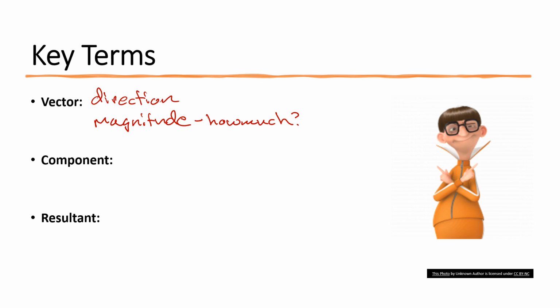Now, what would be measured as a vector? Well, velocity would be measured as a vector because it has both direction and how much velocity there is. Acceleration can be measured as a vector, and displacement can be measured as a vector because all of these have both a quantity value and a directional component to them.